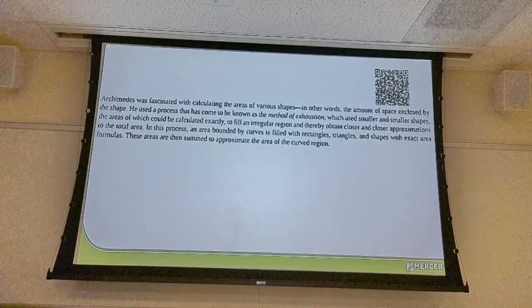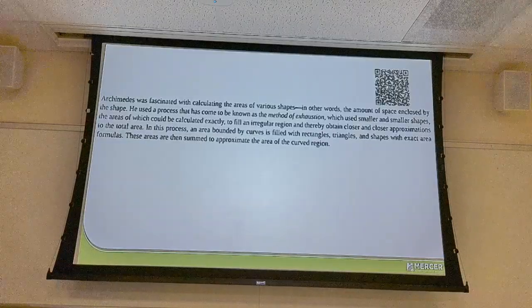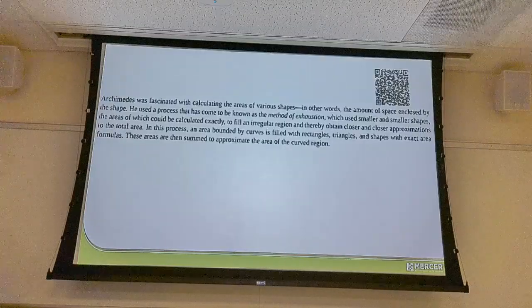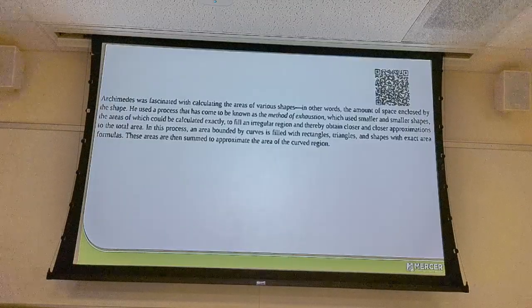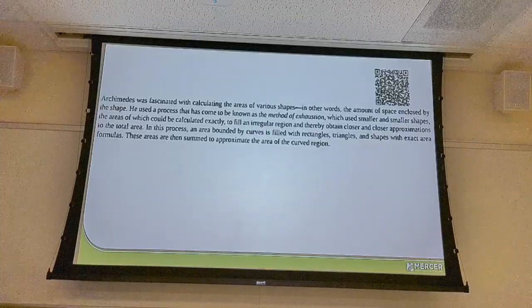Right, so in this process, areas bounded by curves are filled with rectangles, triangles, shapes with exact areas. We will be using rectangles. We calculate the area of each of these shapes, sum them up, and that is the area approximation.